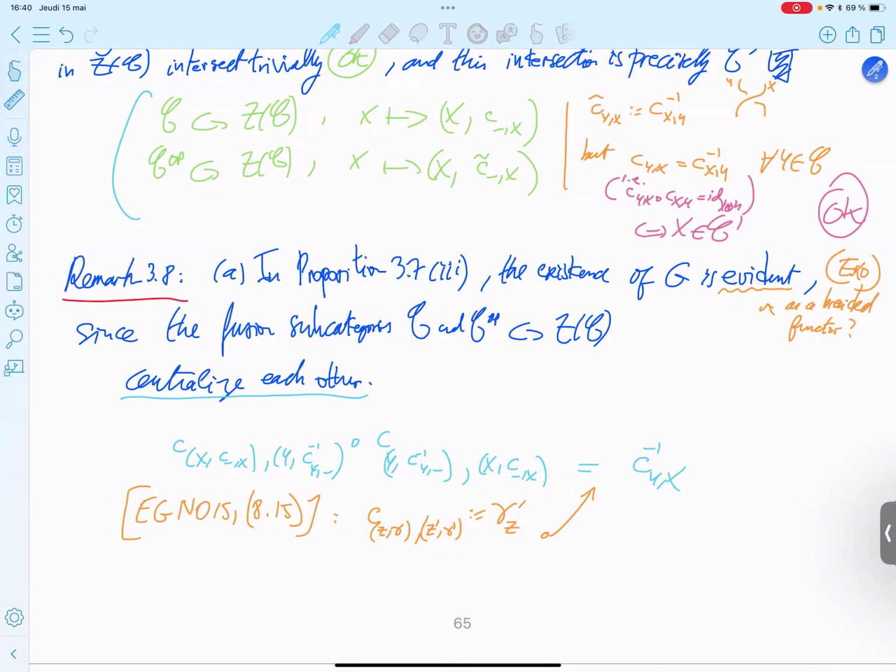And the same for the other, C, Y, X. Here the second is this one, and the first object is here, so it's okay. So this is immediate by definition. They centralize each other.